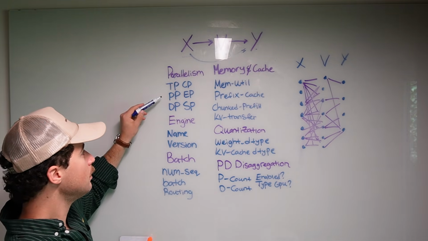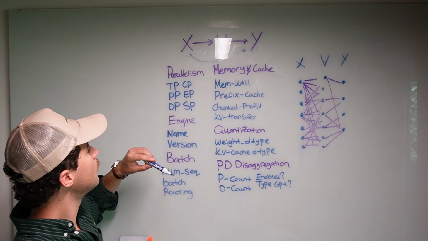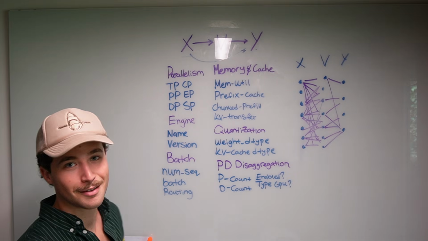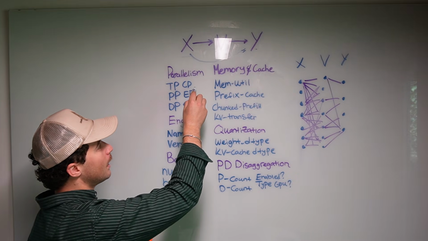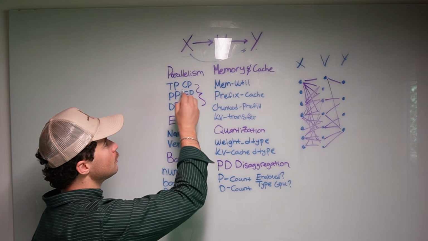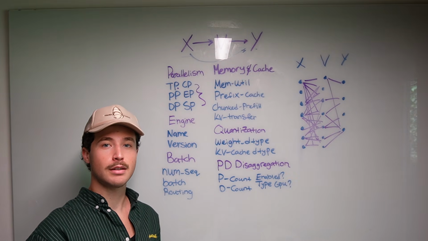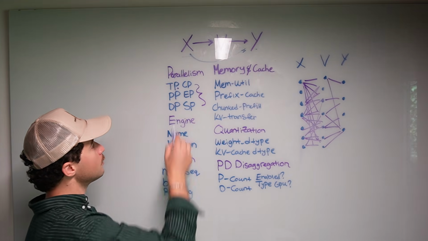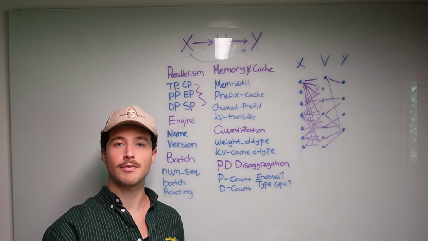So you have tensor, pipeline, data, context, expert, and sequence. Forgot the expert part. And you don't only have 6 here, because within each type of parallelism, there's also the degrees that you could parallelize to. So for example, tensor parallelism splits the computations in a given layer, but that has various degrees.